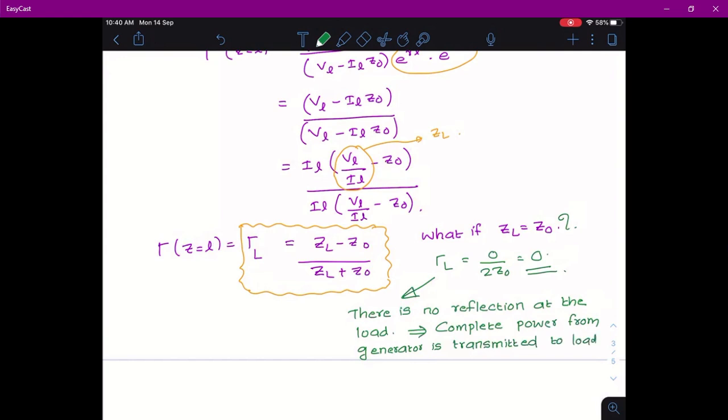So, whenever there is a reflection, there is some power leakage. If there is no reflection, the complete power is transmitted. Okay. So, this is the reflection coefficient at the load.